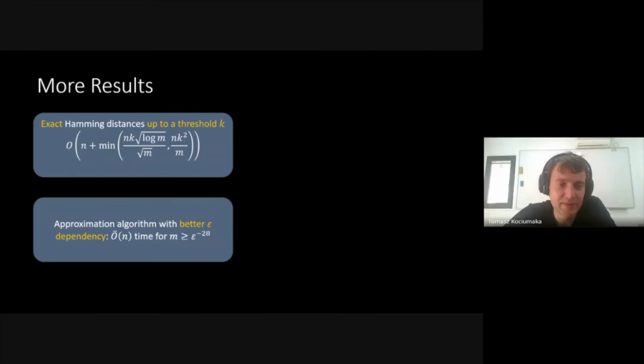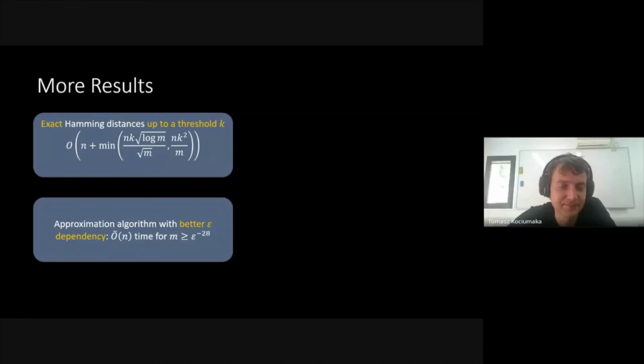Then, interestingly, we managed to remove the epsilon dependency whatsoever when epsilon is large enough compared to m. The condition is quite horrible. Namely, we require that the pattern is of size at least epsilon to the minus 28 to achieve nearly linear running time. But the most interesting thing behind this is that we use fast matrix multiplication here.